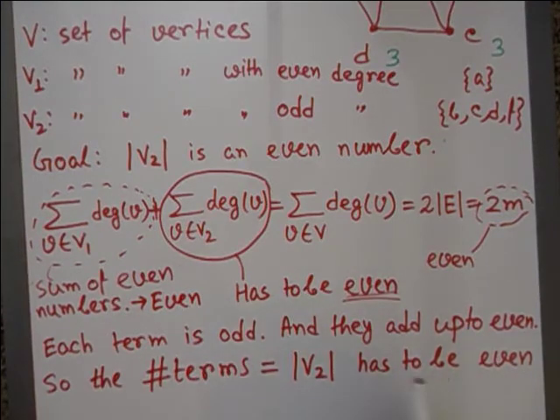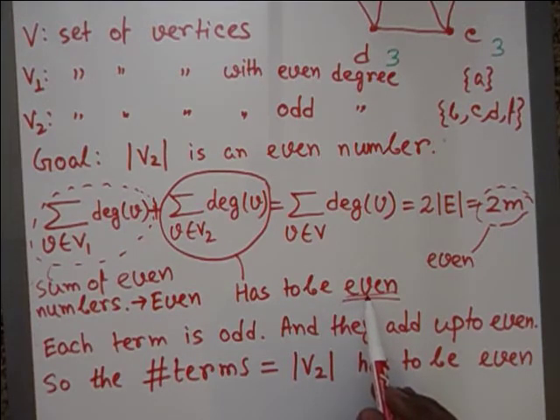Because only an even number of odd terms can add up to an even number.